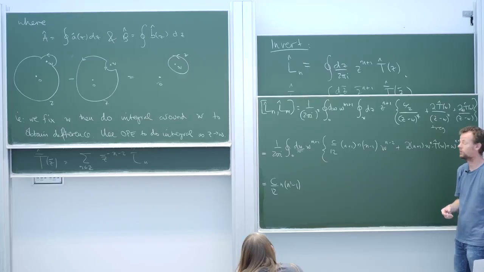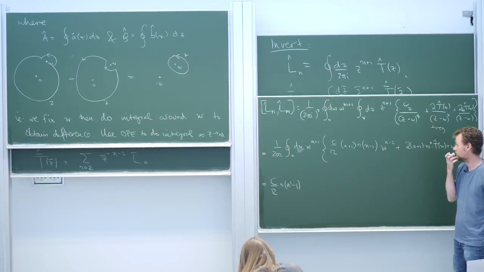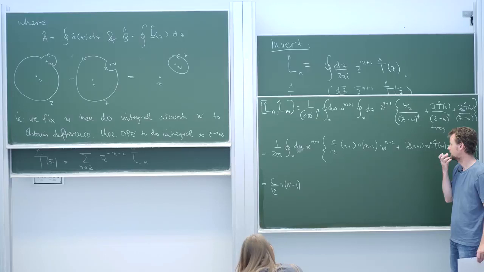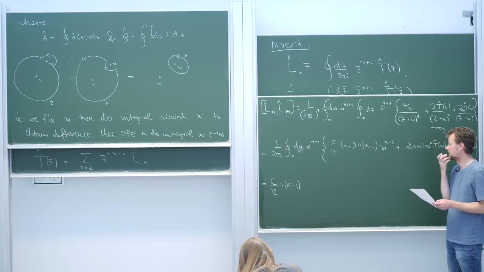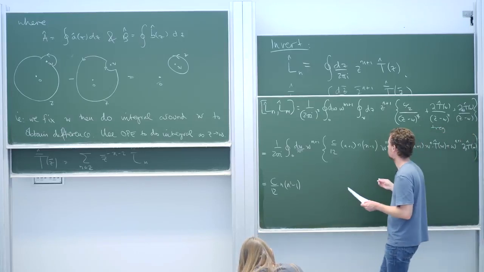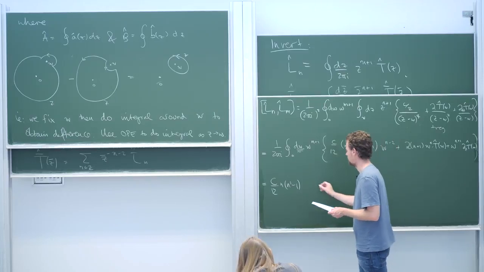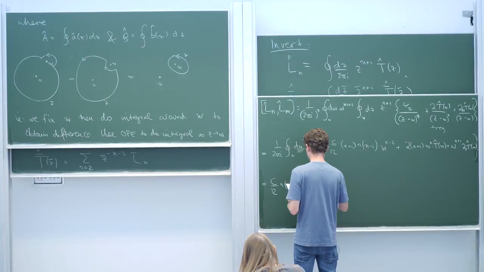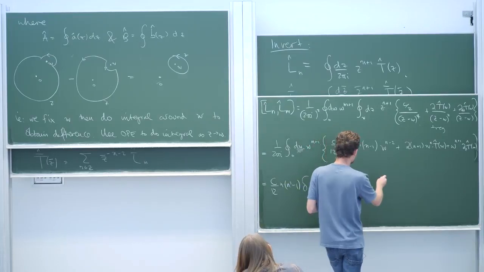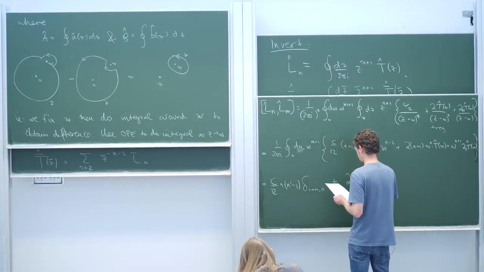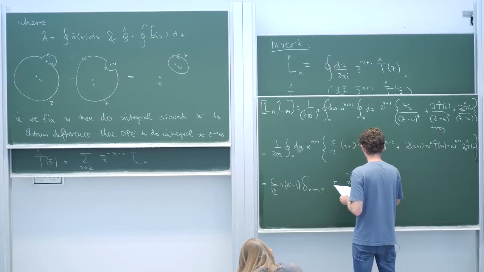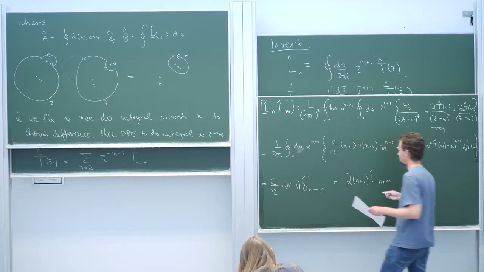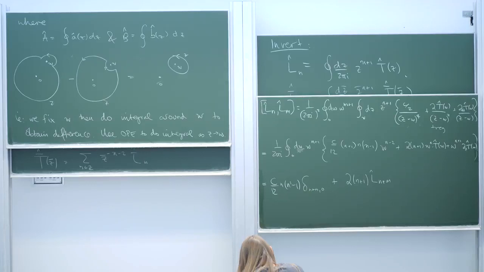And there things simplify quite a lot, because we no longer have such complicated terms. We just pick up a delta function in the first one. In the second term, we also pick up an easy factor by just recalling the definition of the L operator.